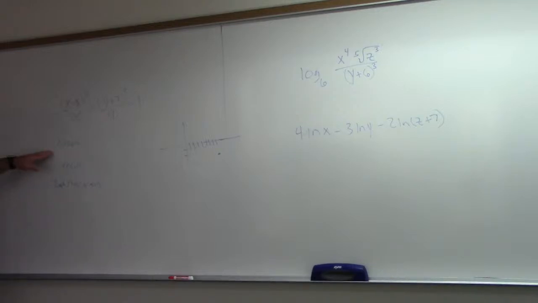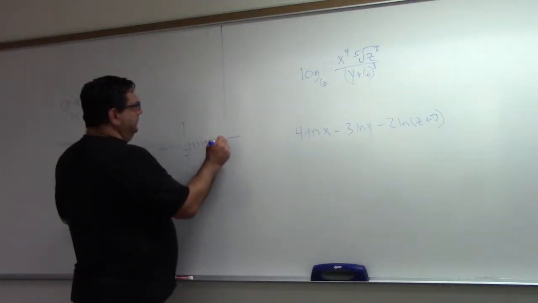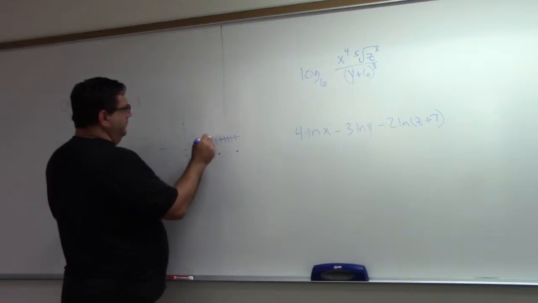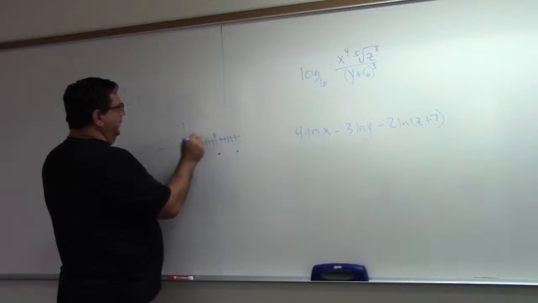Now what are we going to do? Right, left, how much? We're going to go right and left 5, up and down 3.